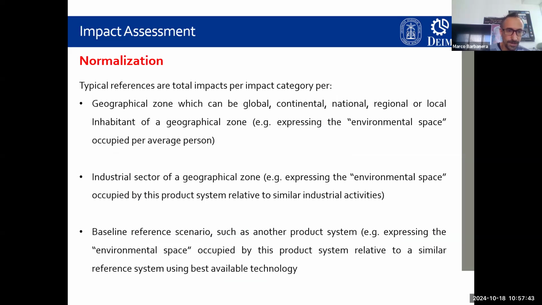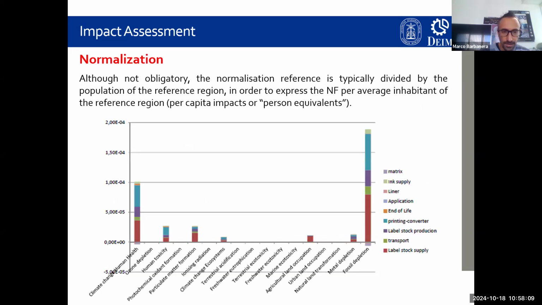Here you can see typical reference scenarios for the calculation of the normalization factors. So you have different strategies, but in each impact assessment method, different reference scenarios are considered. So it's not very important for us. Here you can see, for example, the normalized results for a product.